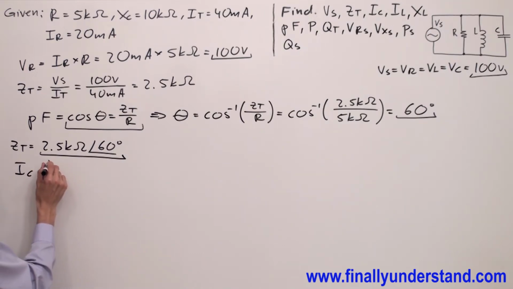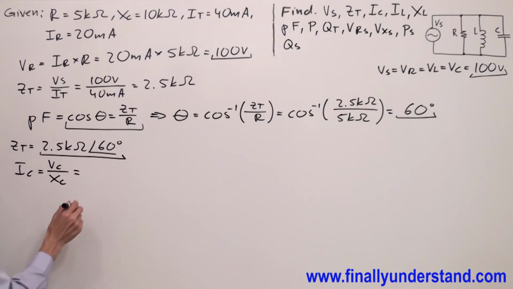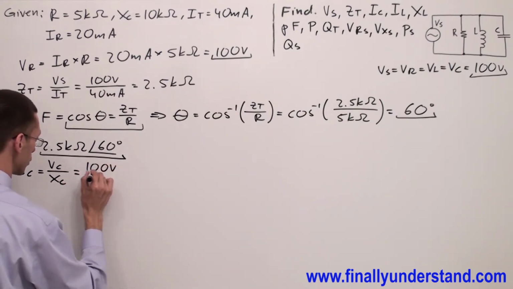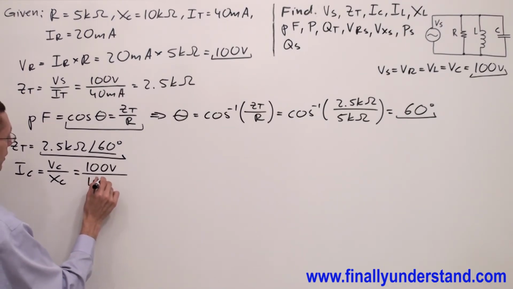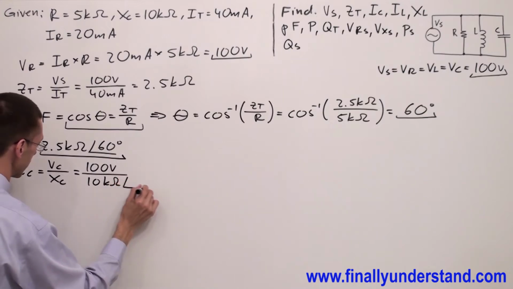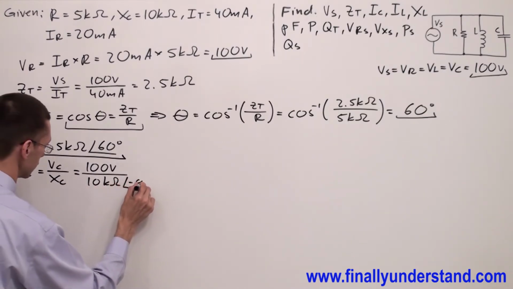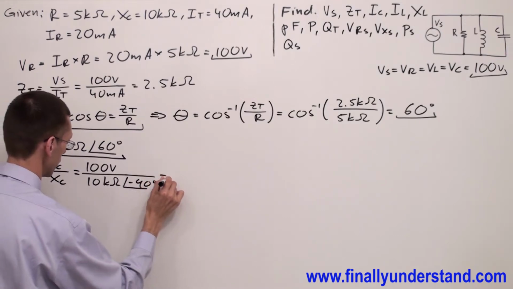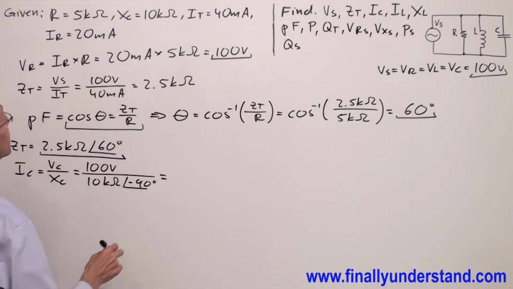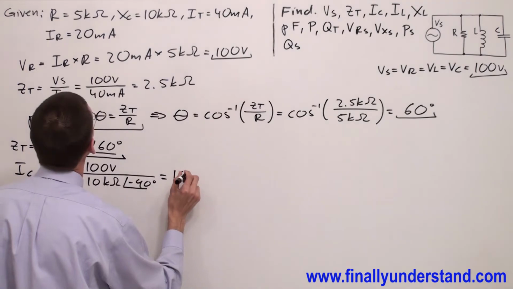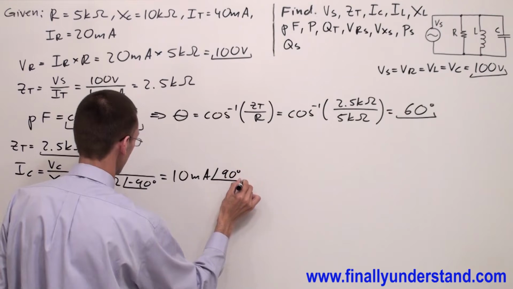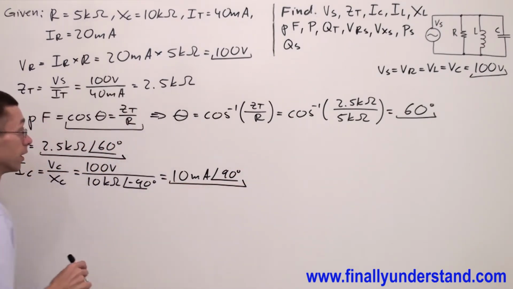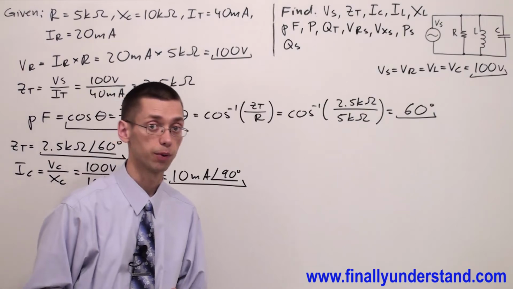IC is equal to the voltage across the capacitor divided by X of C. This is equal to 100 volts over X of C, 10 kiloohms, and don't forget that X of C always goes with a negative angle of 90 degrees. This is equal to 10 milliamps and an angle of 90 degrees. Okay, so this is the current which will go through the capacitor.